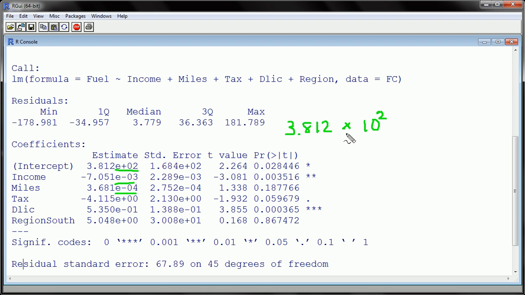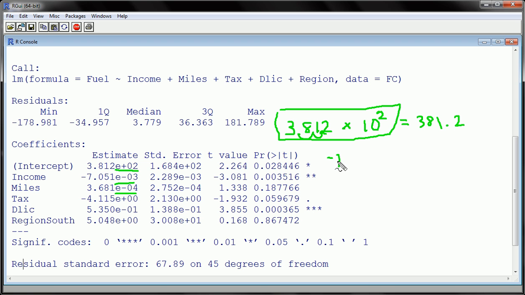So what this is saying is multiply 3.812 times 10 to the 2, which is 100. That amounts to moving the decimal place 2 to the right. So this equals 381.2. This is just a way of writing it so that really big numbers and really small numbers can be written here. Let's look at the next one.